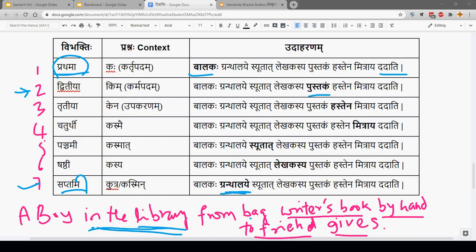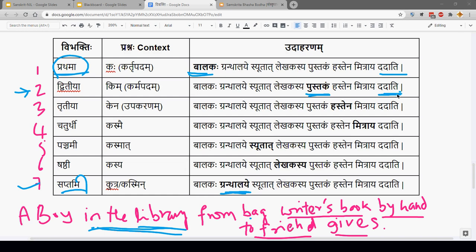When the second case ending is applied, it means the word has a certain role in the sentence with respect to the action. When the first case ending is applied, that word is performing the action. Now the action is being performed on the word in the second case ending, like pustakam.